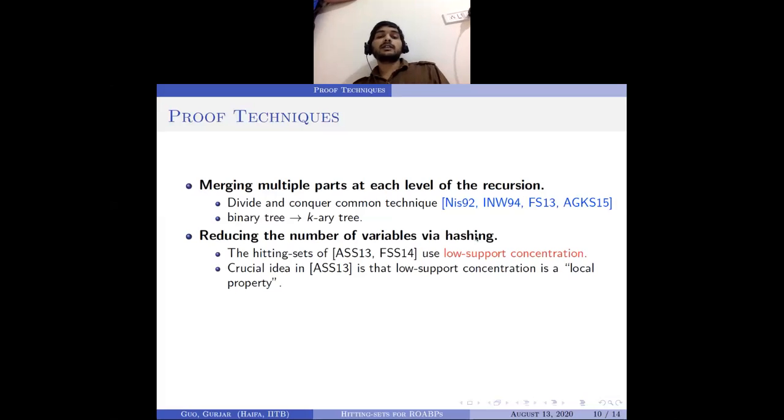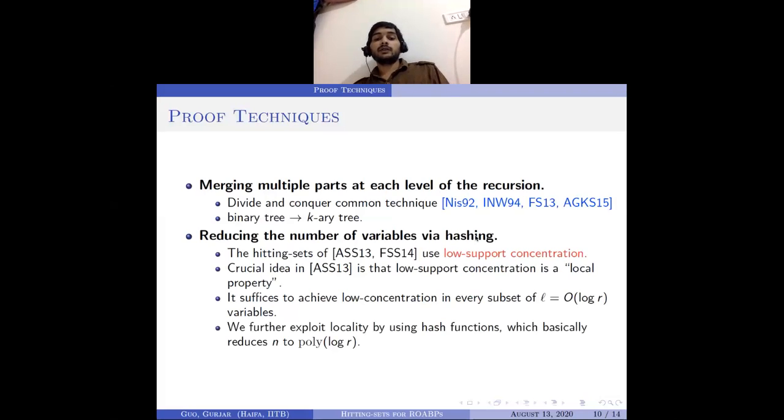What they proved in ASS 13 was that this low support concentration is somehow a local property. Local in the sense that if you just achieve low support concentration in the sub-ROABPs, which involve only order log r variables, for all of them, then you get it for the whole big ROABP, and that's the main idea they used.